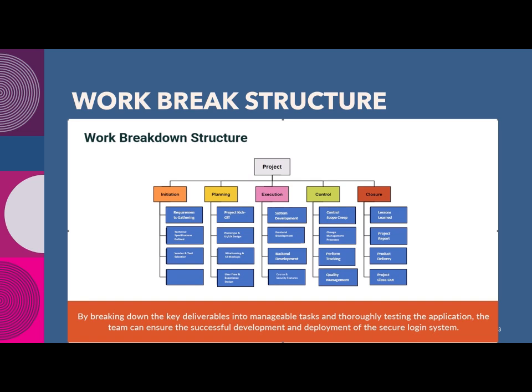And in my part of the project, I helped with the planning stage by breaking down the project into smaller tasks. This made it easier to assign work and track progress during the execution phase.